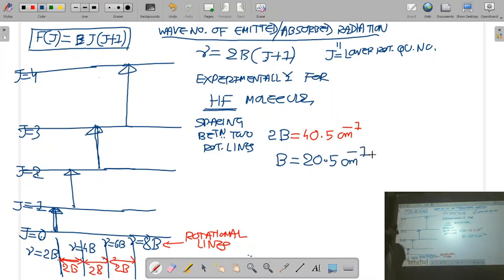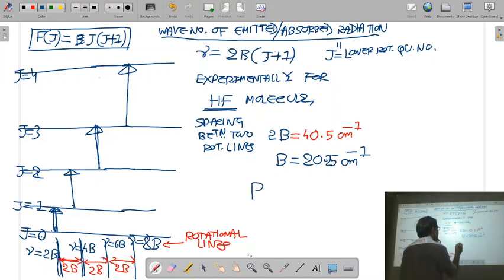Experimentally, when the rotational spectra of the HF molecule is studied, they found that the spacing between consecutive rotational lines is 40.5 centimeter inverse. So the value of rotational constant B is 20.25 centimeter inverse.